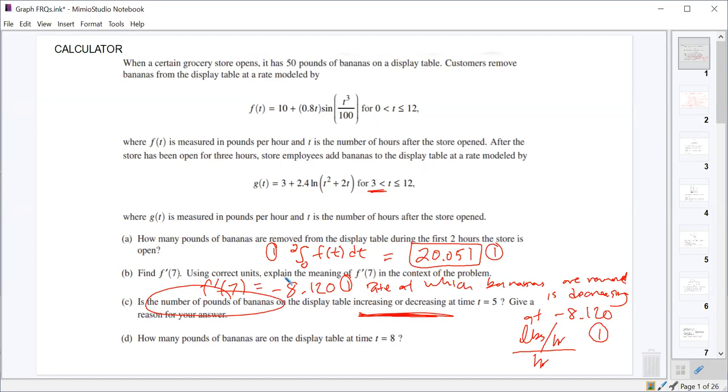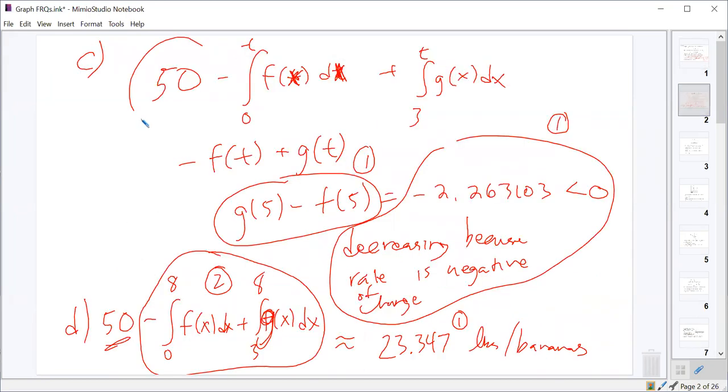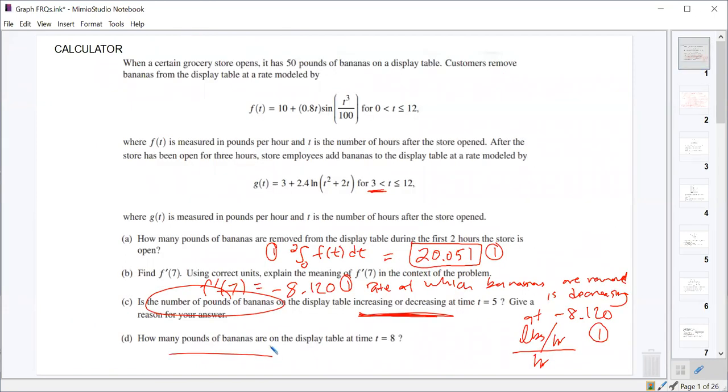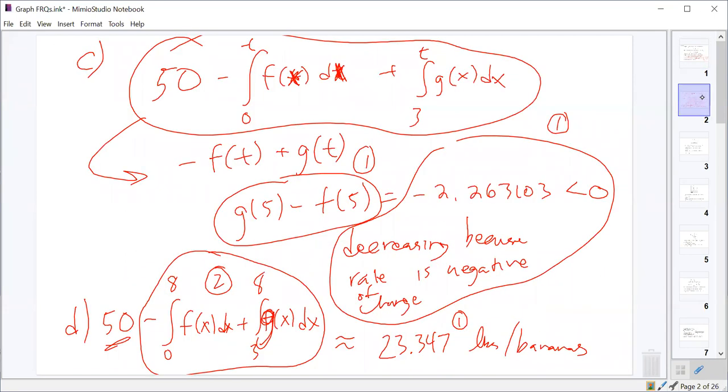The function that represents the number of pounds of bananas is this function right here. So we took the derivative of it to find if it's increasing or decreasing. Part D asks us how many pounds are on the table. So it's asking us to evaluate this function from C that we took the derivative of to find the actual number of pounds. Does that make sense? Yes. Perfect. Any other questions?